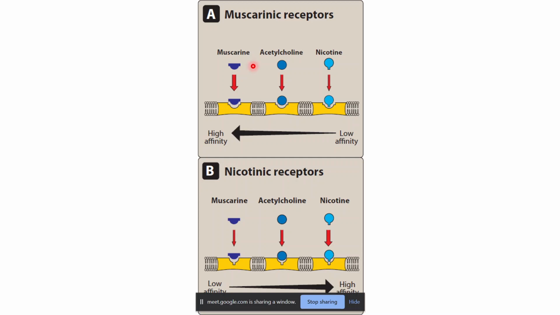The muscarinic receptor will be activated by muscarine that is obtained from mushrooms, and acetylcholine, but nicotine obtained from tobacco will not activate this receptor. And vice versa, the nicotinic receptor will be activated by nicotine and also acetylcholine, but will not be activated by muscarine. So these are the two types of receptors and the difference between them.